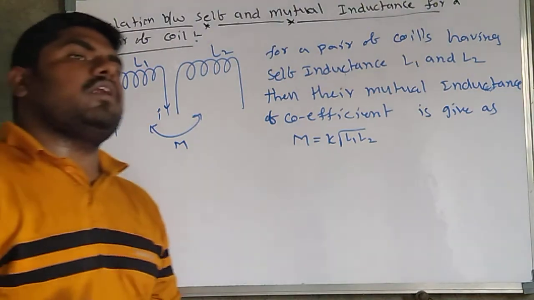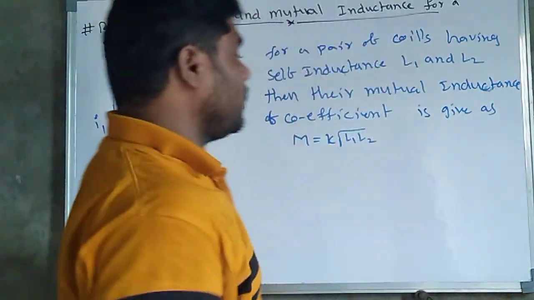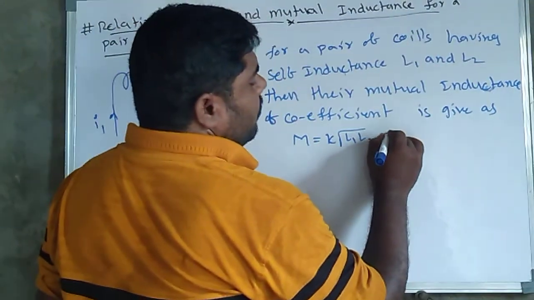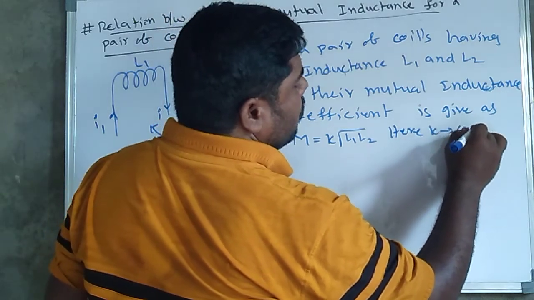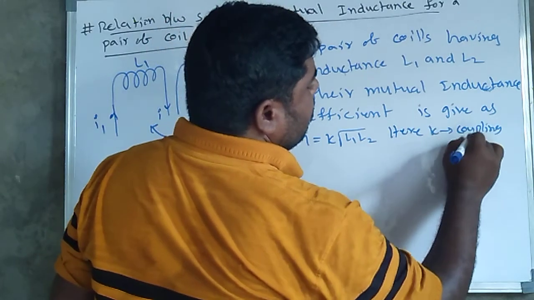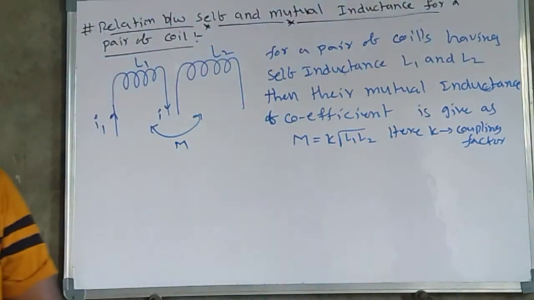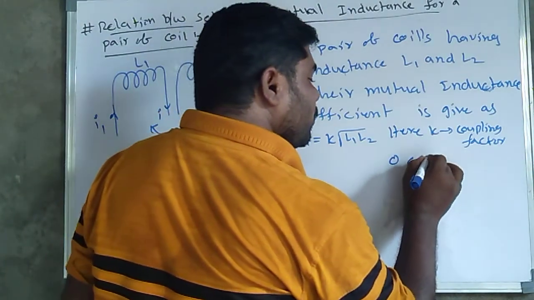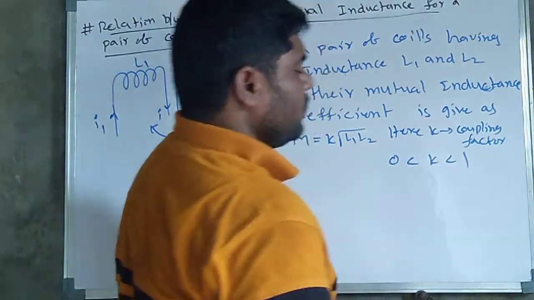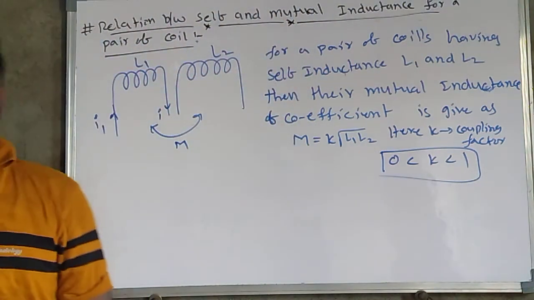Here K is called the coupling factor. This is the K value range, 0 to 1.